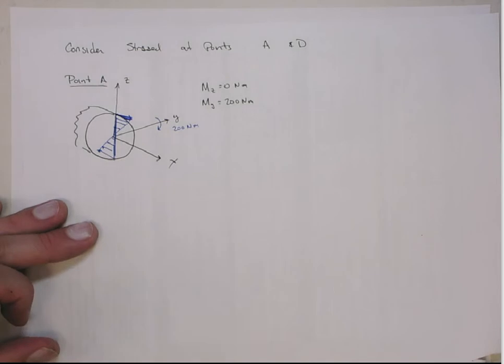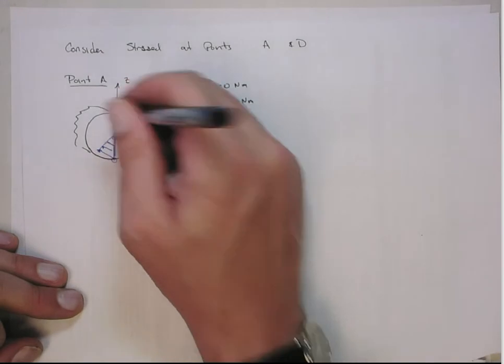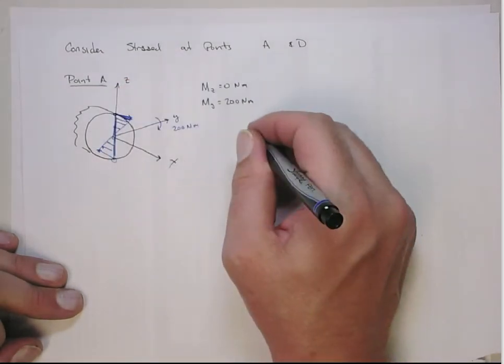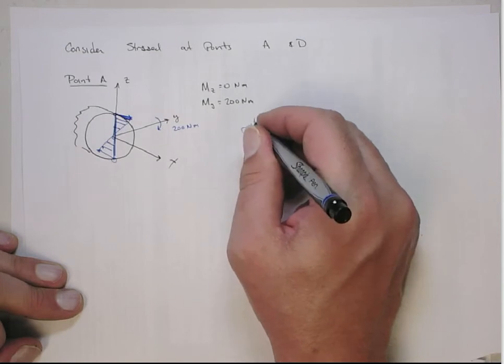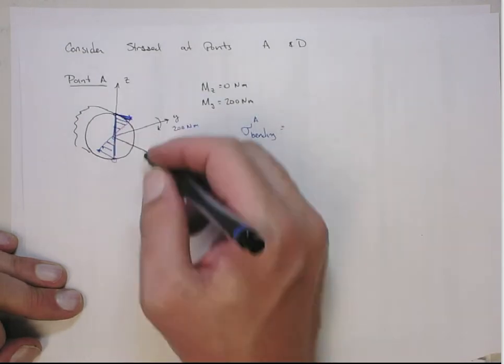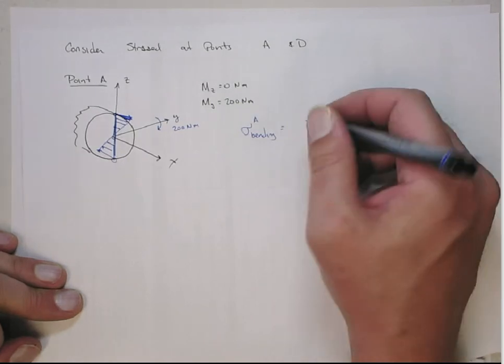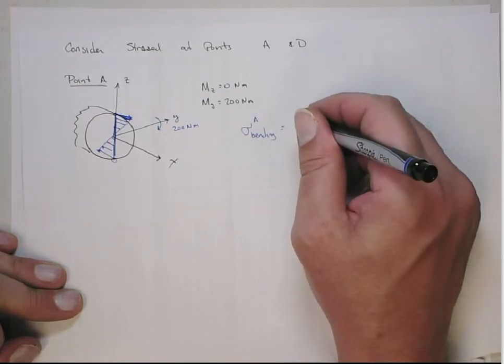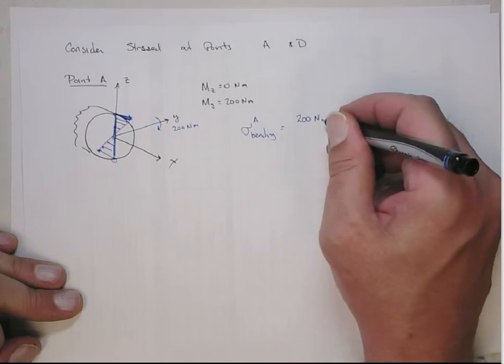So the maximum stress is going to occur here and here, and it's going to have a value. This is at point A, just coming about from the bending in the y plane. It's going to have its max moment, 200 Newton meters.